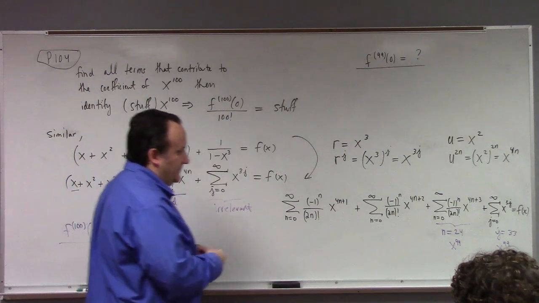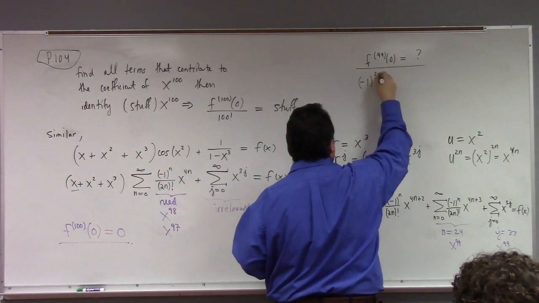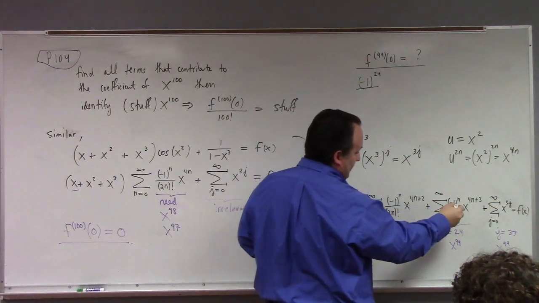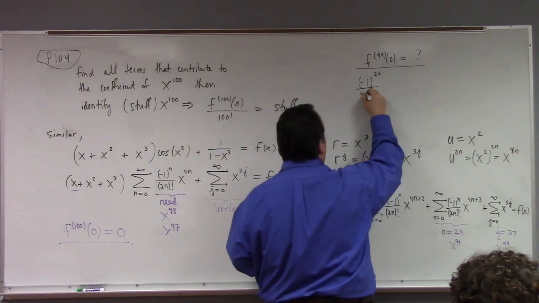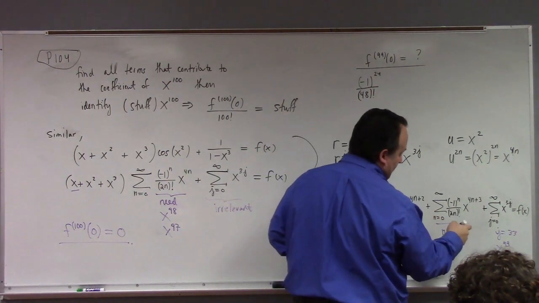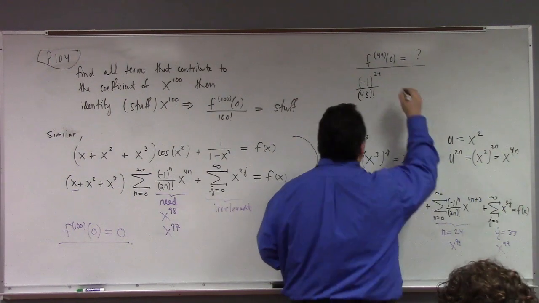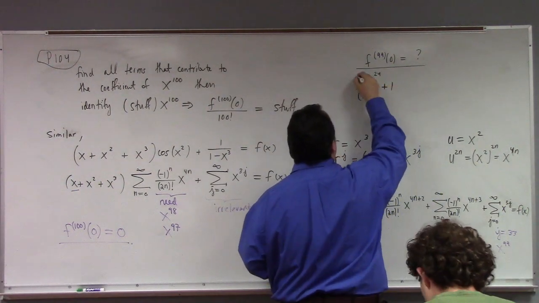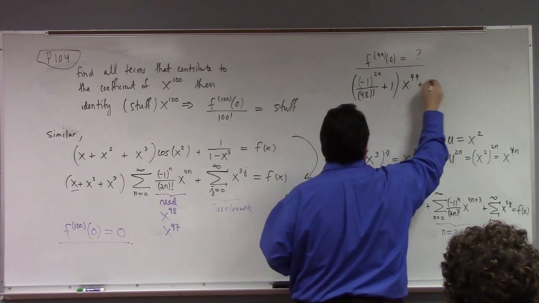So I can gather from this that I have minus 1 to the 24 over 48 factorial, plus what? The coefficient on this one is kind of boring. Plus 1, right? Times x to the 99 plus stuff.